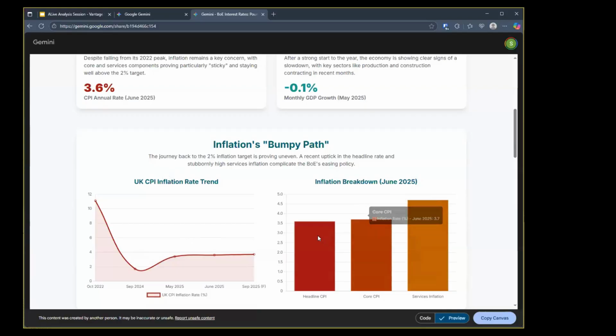There's also a breakdown by Gemini: headline CPI, core CPI, as well as services inflation. If overall services inflation increases at a faster pace than the other two, that is pretty concerning.